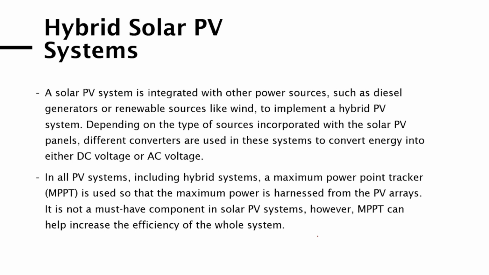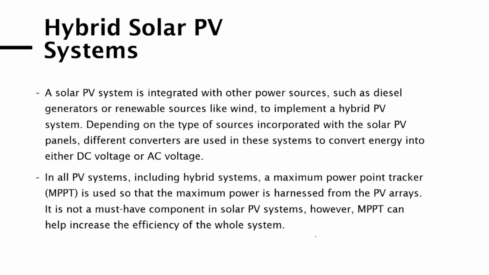Hybrid solar PV systems. A solar PV system is integrated with other power sources such as diesel generators or renewable sources like wind to implement a hybrid PV system. Depending upon the type of sources incorporated with the solar PV panels, different converters are used in these systems to convert energy into DC voltage or AC voltage.